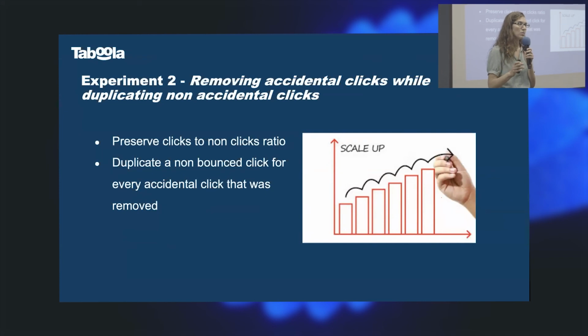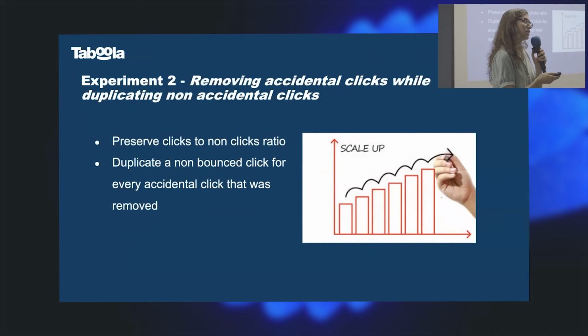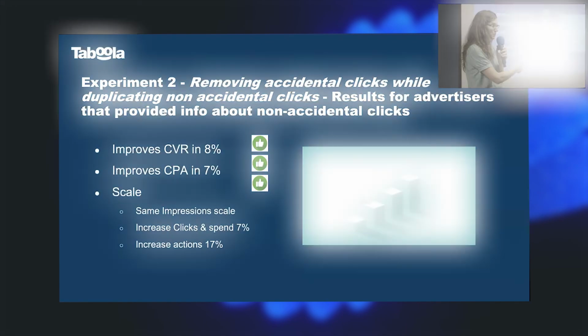In this way, the model didn't see the accidental clicks, but it saw the same ratio of clicks to non-clicks as before the removal. So we improved CVR and improved CPA, and we didn't kill scale. We still had the same number of impressions and even increased actions by 17%, which is a great result.